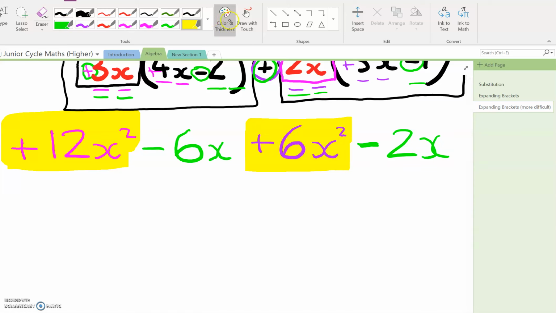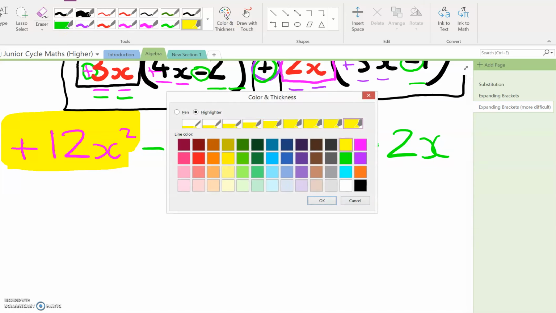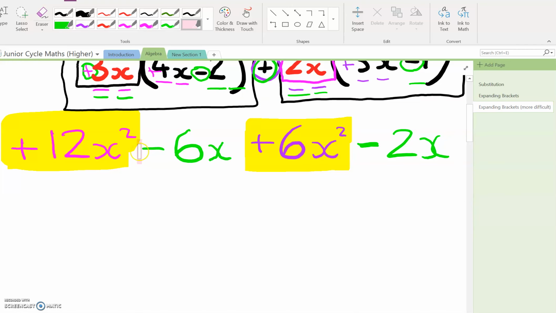What else? Let's get a different color highlighter for this. Maybe some pink? Yeah, do pink. We've got an x term with just an x, and also here. That has just got an x. So we can put those two terms together. Let's start with these two.